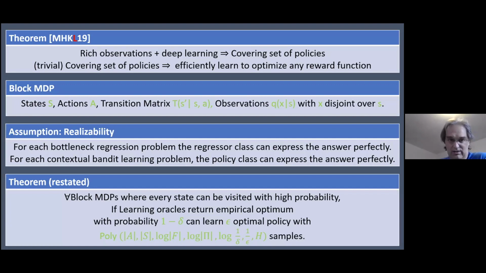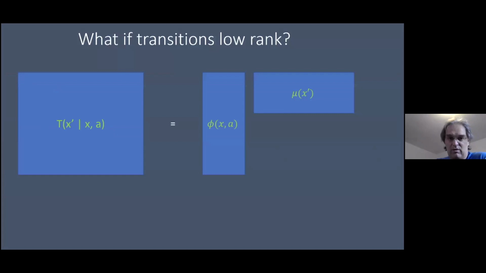So, one other natural structure is to suppose that the transition matrix in your observation space is low rank. So maybe X is a picture, X prime is a different picture.